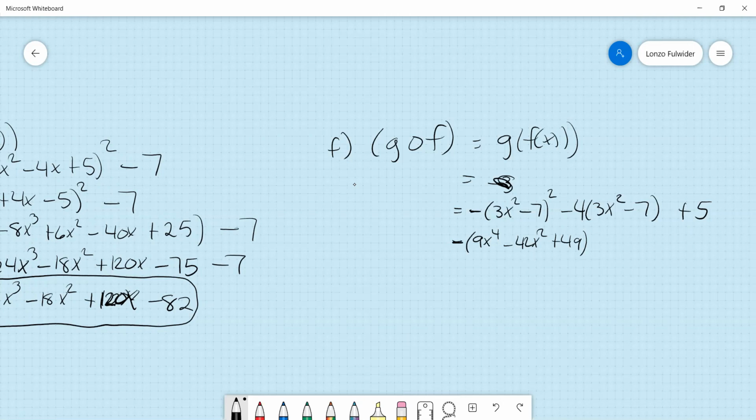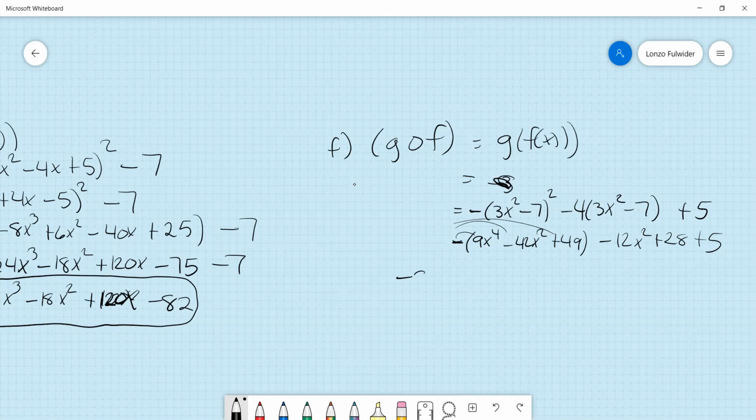So okay, now when you distribute the negative 4, this is going to be negative 12x squared plus 28x plus 5. Now what I'm going to do is distribute this negative.